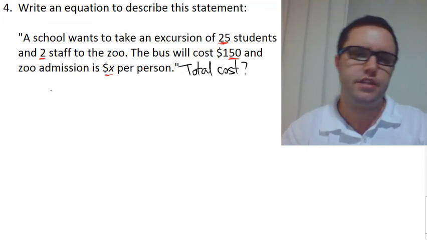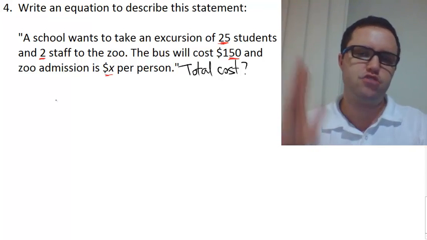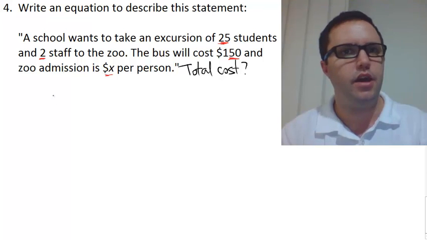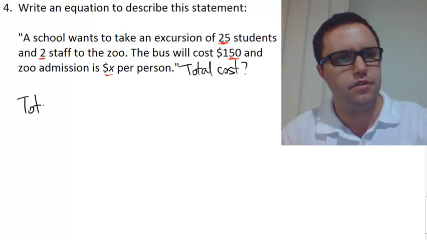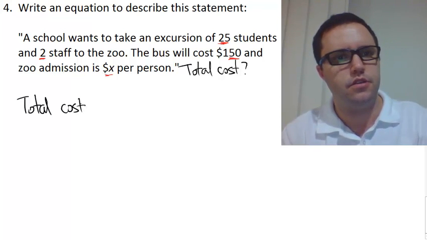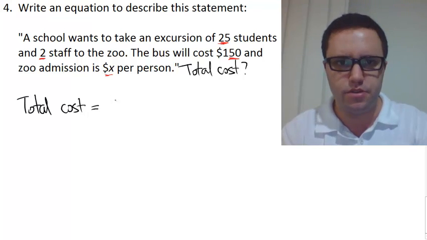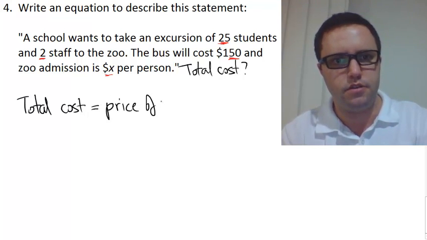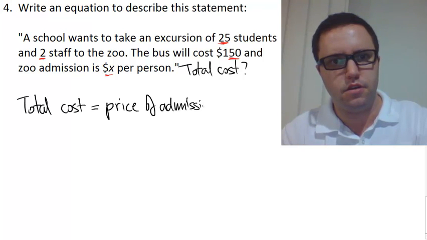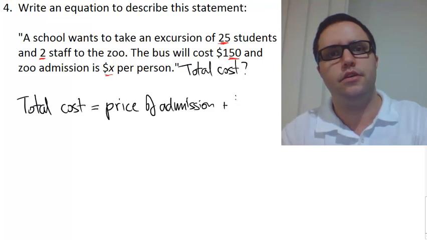Whenever you're solving these problems, if you can't go straight to the numbers in the algebra straight away, write out a number sentence. So our total cost of our trip is equal to the price of admission plus the cost of the bus.